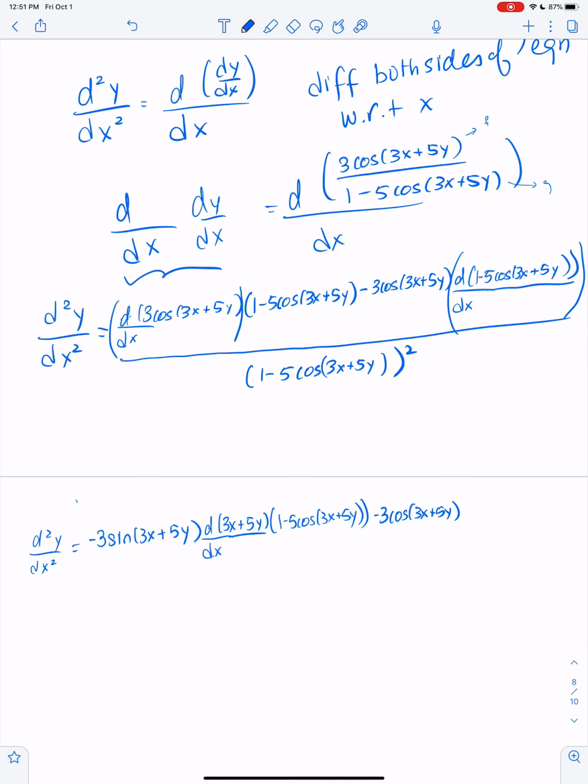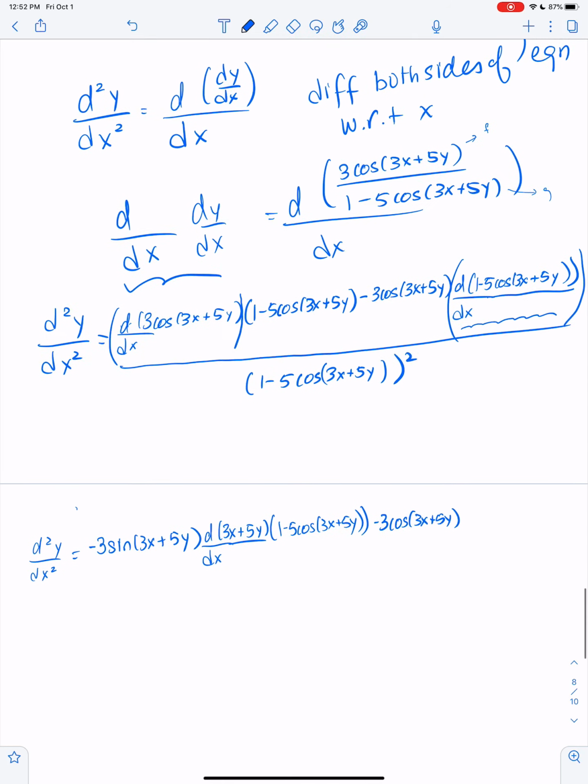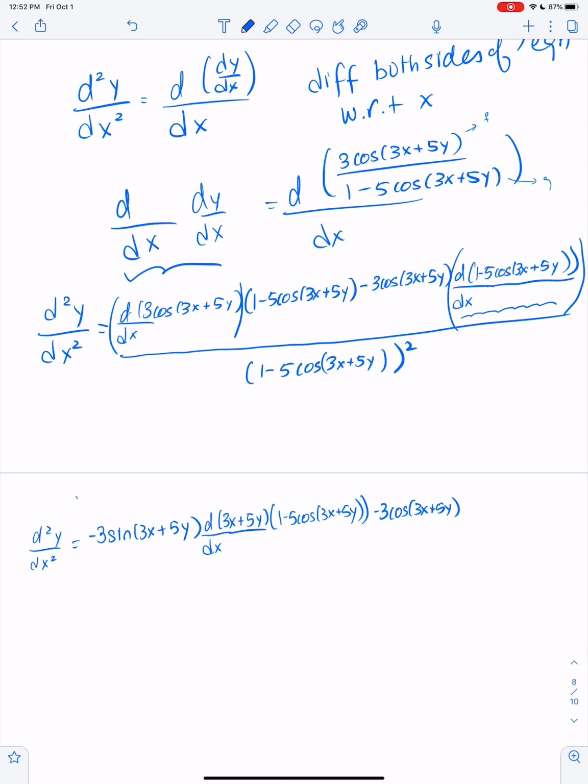Now we're going to do this derivative. And what will that be? The derivative of 1 is 0. Negative 5 cosine 3x plus 5y. So you'll have a minus 5, and then you'll have a minus sign, so that becomes a plus. And you have to throw in the derivative of 3x plus 5y.